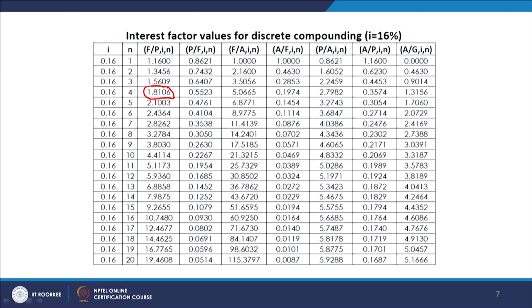Simply P is to be multiplied with this factor, and that gives you the compound amount F. That is how you solve such problems.